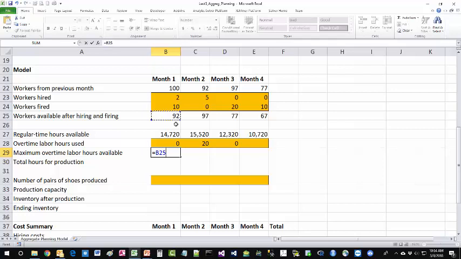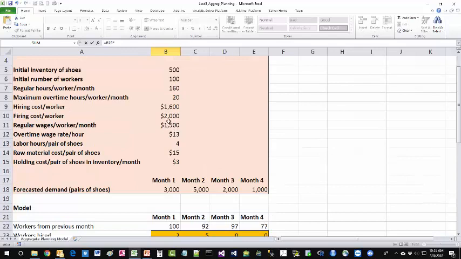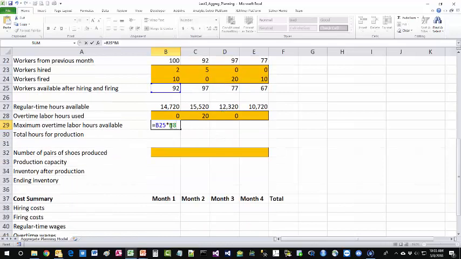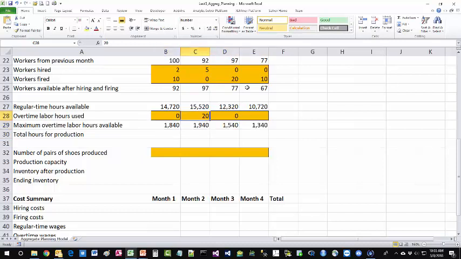Because presumably each one of these 92 here in month 1 can be working overtime, times the maximum overtime hours per worker per month, which is 20. Okay, so that gives you the maximum overtime hours, which is clearly a large number, right? Copied all the way to the right. Somehow forgot a 0 here.